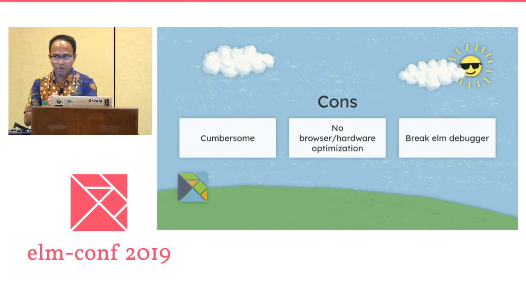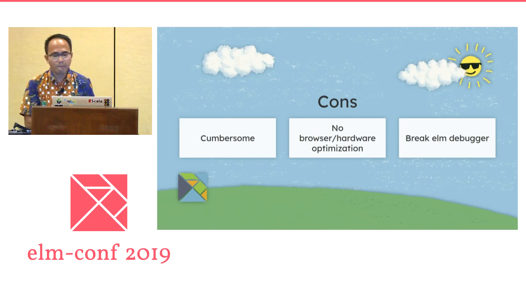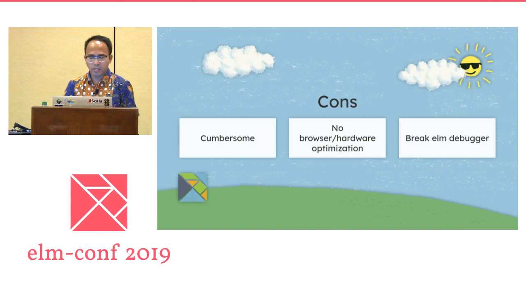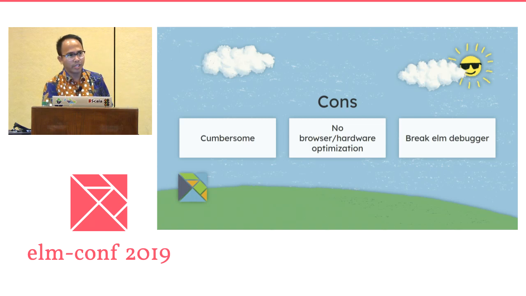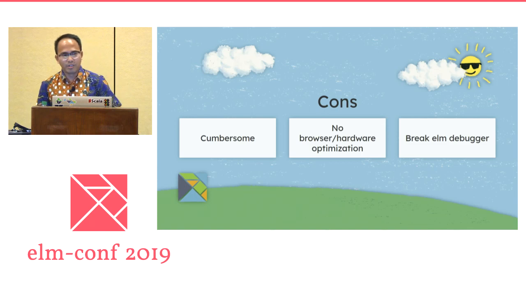If the browser knows the future, then the browser can optimize your animation and knows how to render this in the most optimized way. And the third one is that in the current state of the debugger, it basically makes the debugger useless, because you subscribe to animation frame, and your debugger will be flooded with these messages from your animation frame.